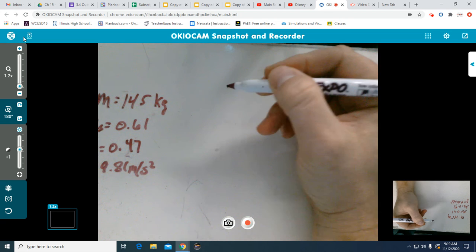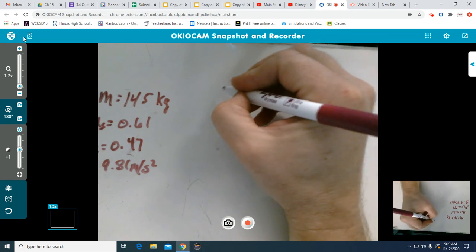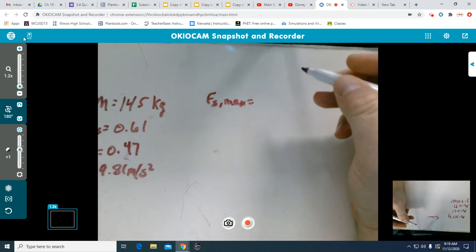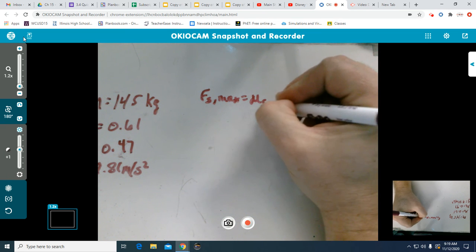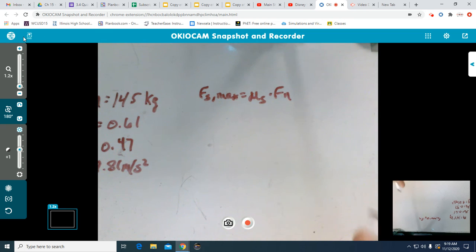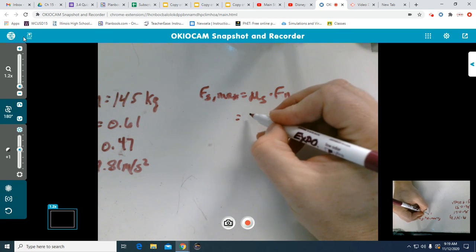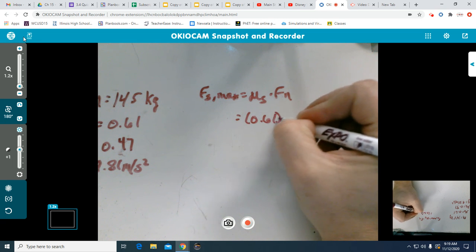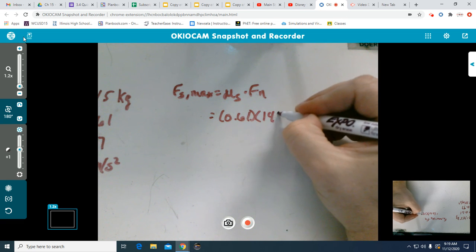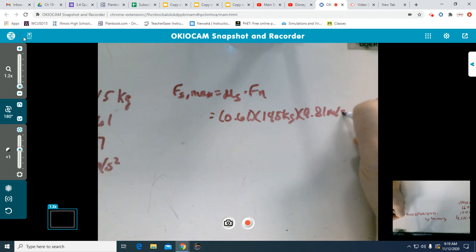So we're going to take those formulas, and first let's solve for the Fs max. Basically that means it's going to be mu s times the normal force. We know that the coefficient of static friction was 0.61, and the normal force can be calculated by taking the mass of 145 kilograms multiplied by 9.81 meters per second squared.